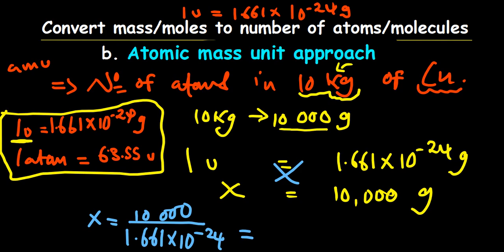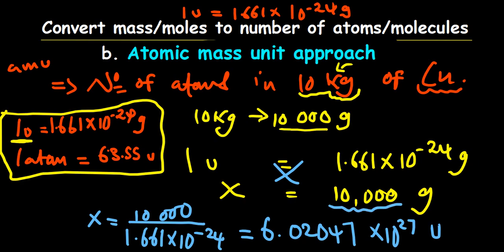According to my calculator, I'm getting 6.0204, and I'll round it off to 7, then times 10 to the power 27. These now will be atomic mass units.